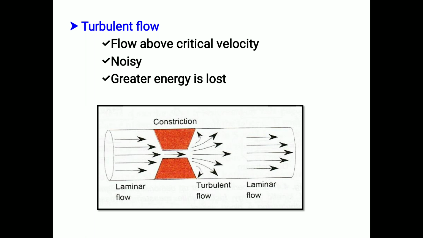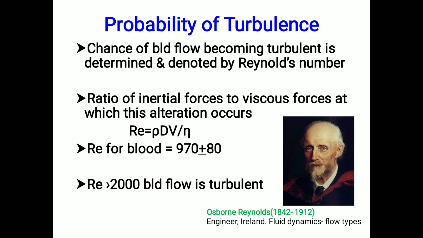Generally, turbulence is calculated by a formula, the Reynolds number, very very important from exam point of view. The probability of turbulence is calculated by a formula called the Reynolds number. Reynolds number is equal to velocity, rho density, then diameter, and eta viscosity.